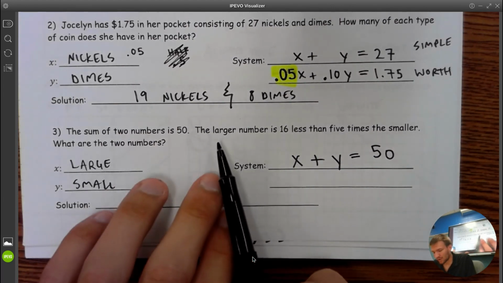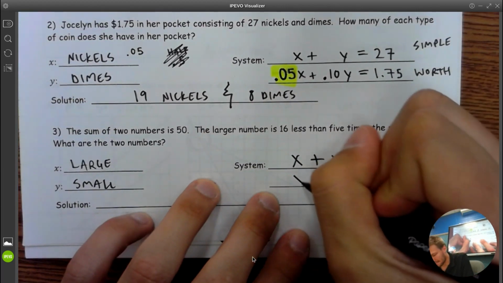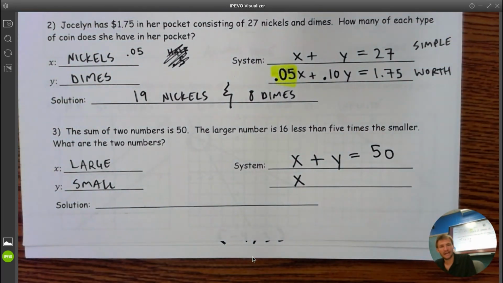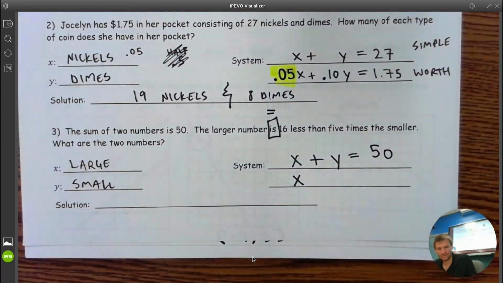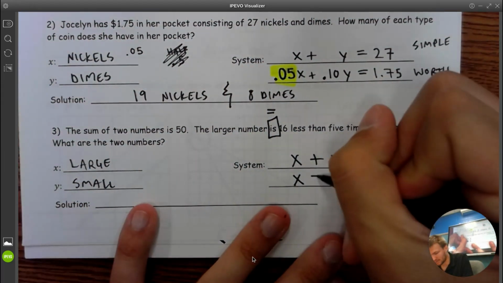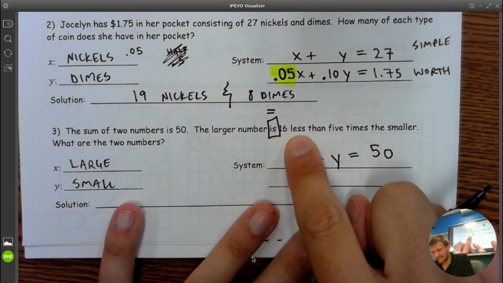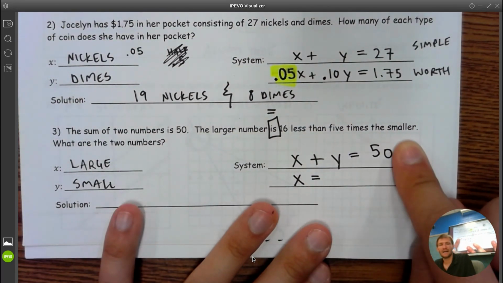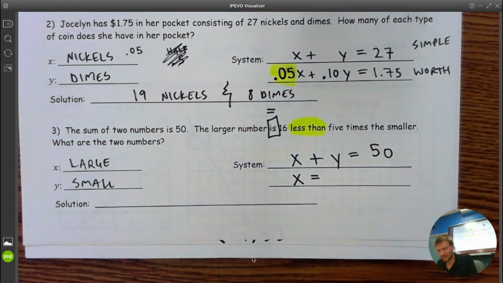So the larger number, that means large, which is X. The word is the equal sign, so we'll put our equal sign here. 16 less than 5 times the smaller number. Man, they've really hit us with a confusing one at the end here.